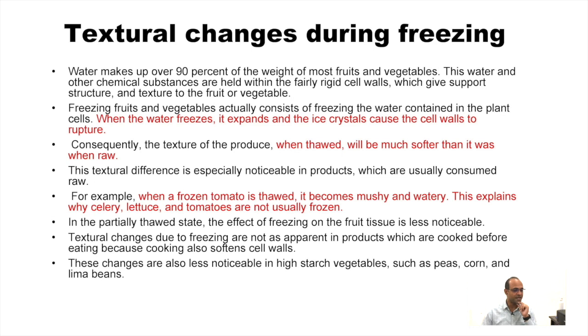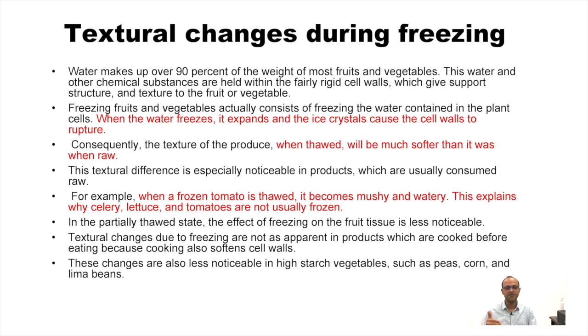Now what is the aspect of textural changes and how is it linked with the freezing rates? Slow freezing ensures larger particle size, meaning the water in the cells will form large ice crystals, and these ice crystals will rupture the cell walls and damage the texture of the product during thawing.